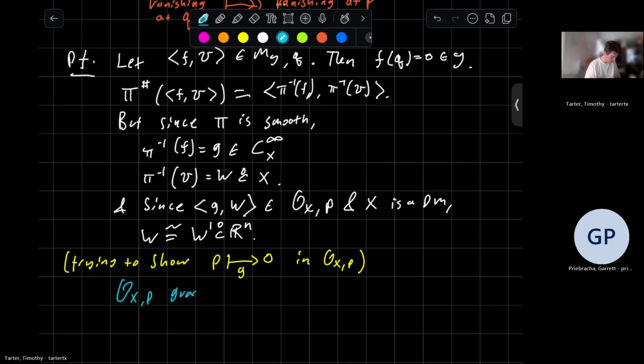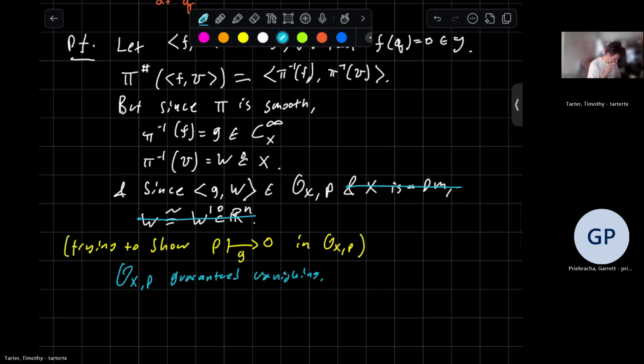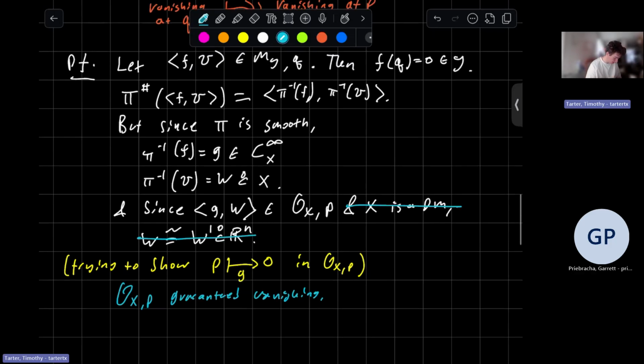O_{X,P} guarantees vanishing. Didn't need that. Oh, wait. Did need that. Yeah, O_{X,P} guarantees vanishing.